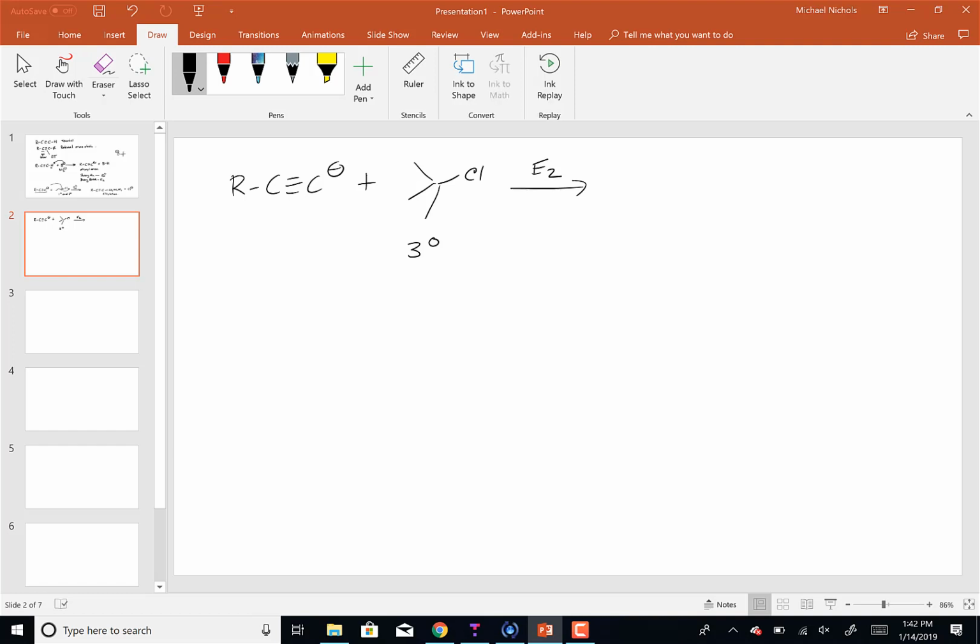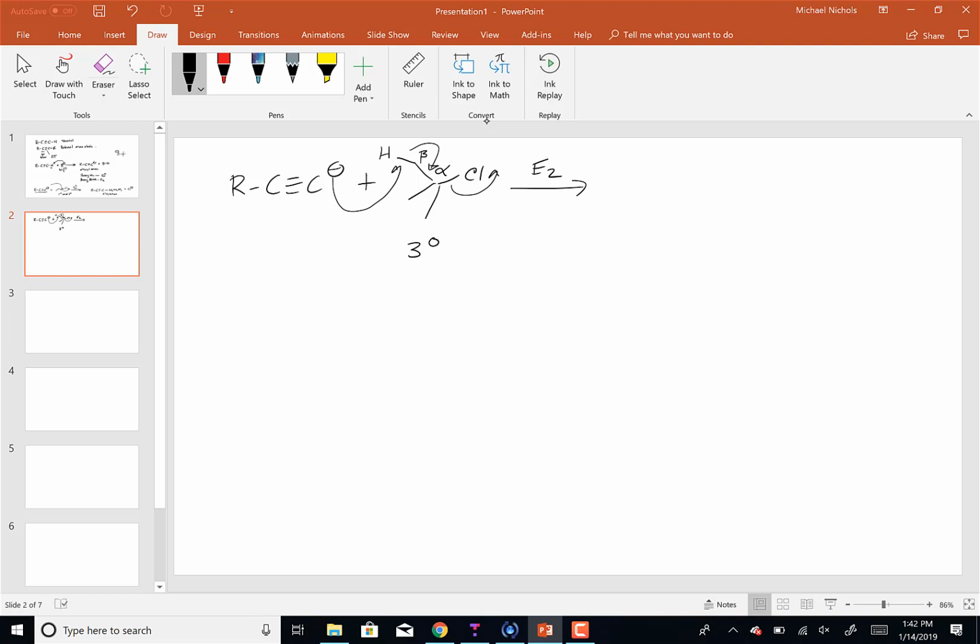So remember, we've got our alpha carbon attached to the leaving group, and then we've got our beta carbon with our beta hydrogen attached to it. So this minus comes in, grabs the hydrogen, the pair of electrons moves there, and then kicks off the chlorine. So a standard E2 mechanism.